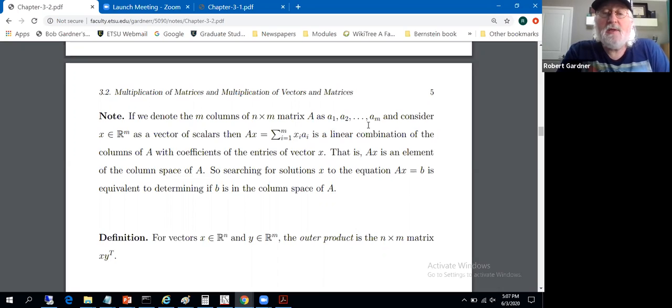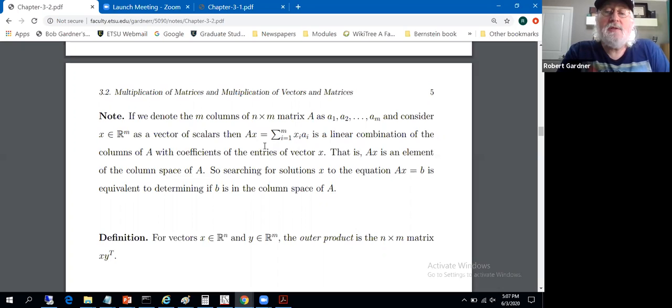So let this be the columns of matrix A, the column vectors if you like, and consider x a vector in Rm, a column vector by convention. If we look at Ax, matrix A times vector x, then what you're going to get, as you see in linear algebra, a big observation, you're going to get a linear combination of those column vectors. It comes out of the row times column way that you multiply matrices.